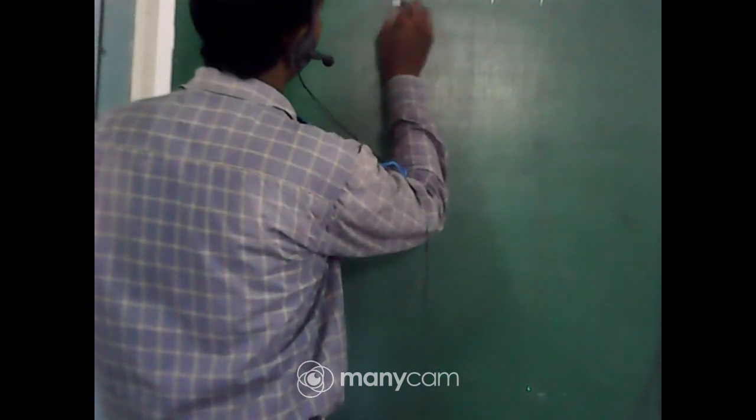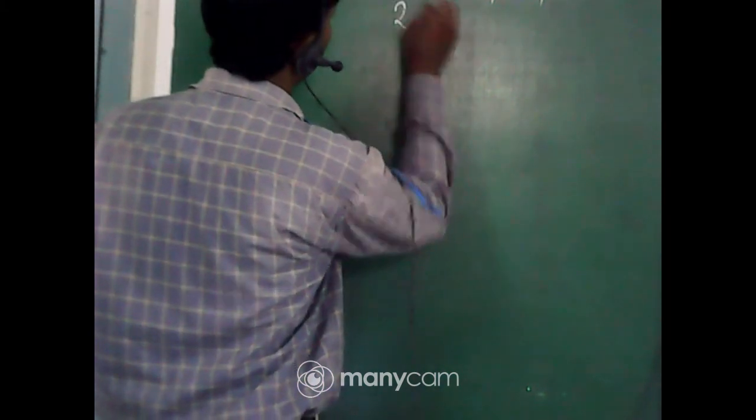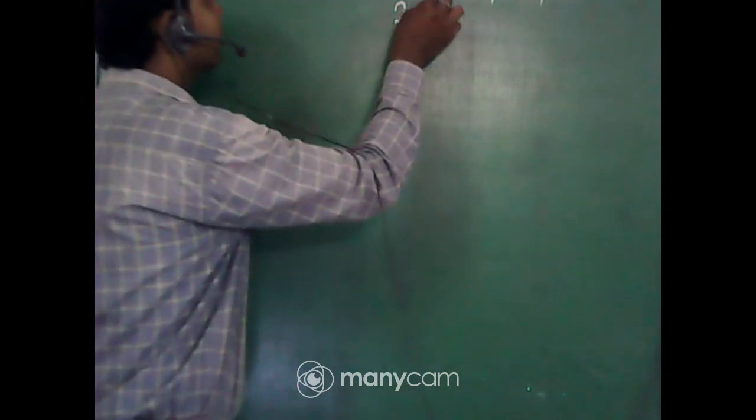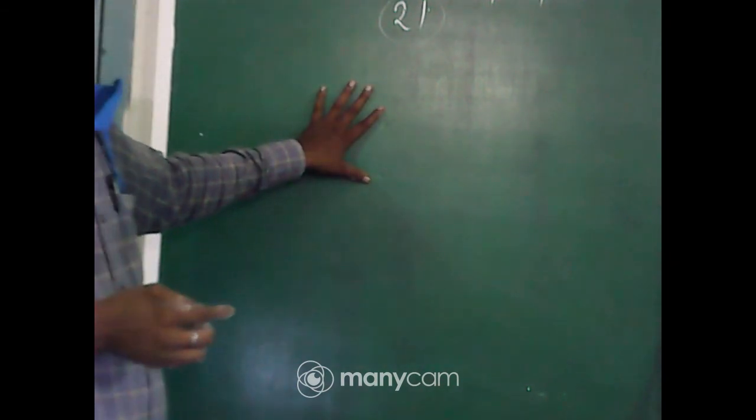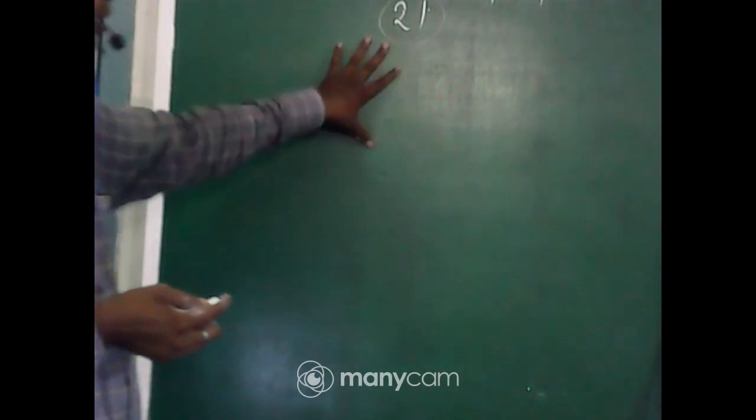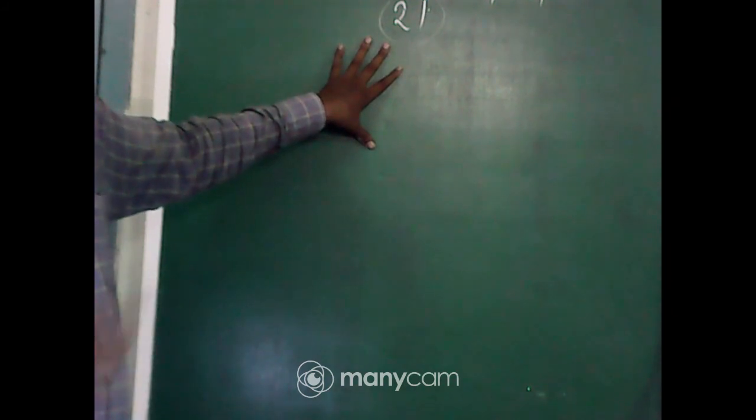So if we take 20 or 21 in between them, it's an ideal BMI.